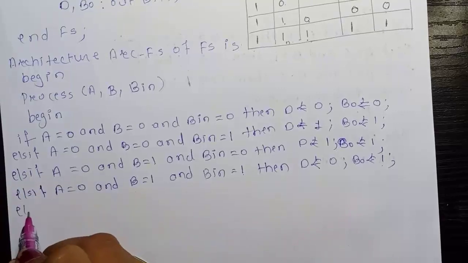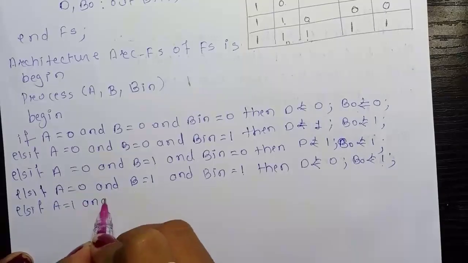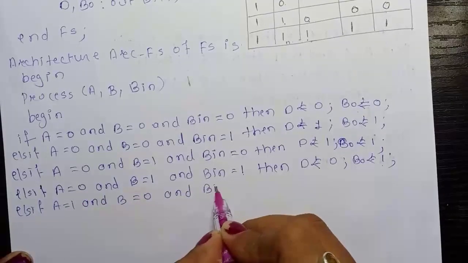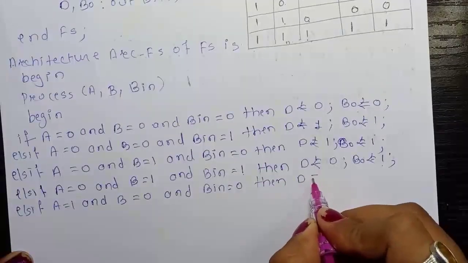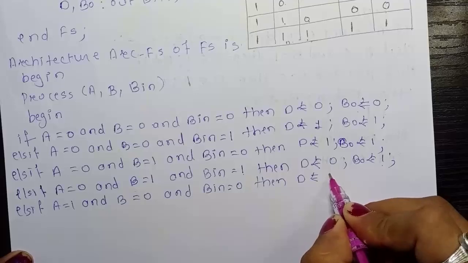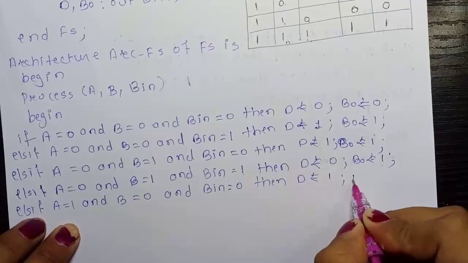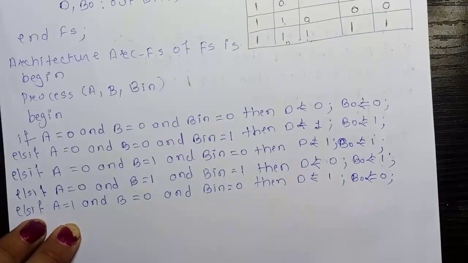Then next, else if A is equals to 1 and B is equals to 0 and borrow in is again equals to 0, that time my difference is 1 and borrow out is 0.